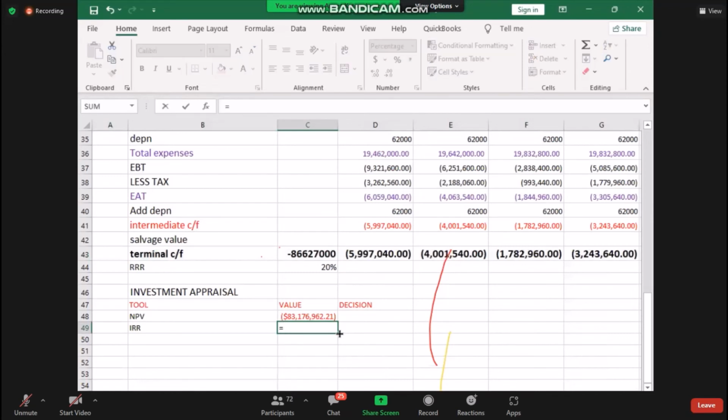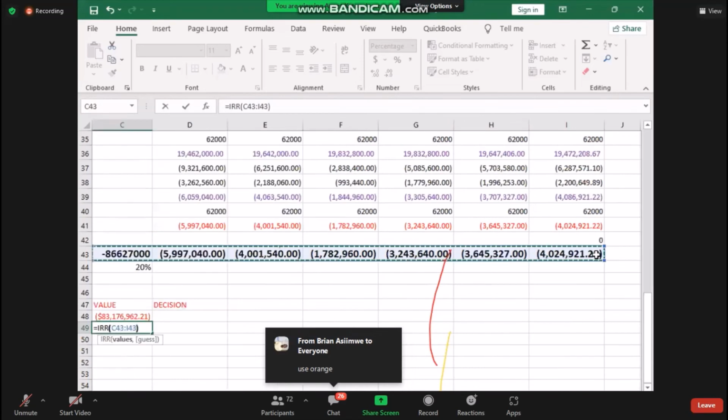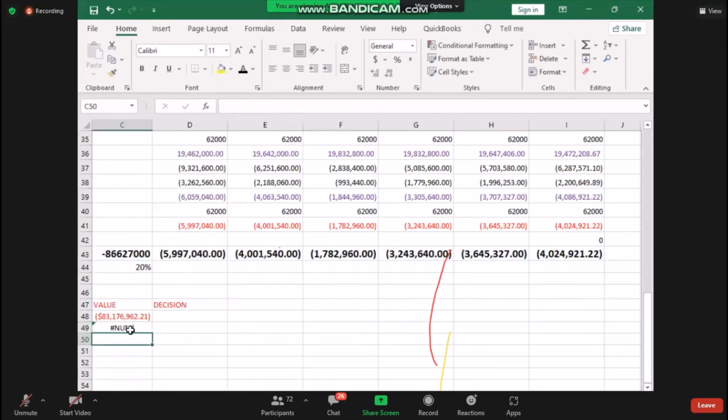Equal sign IRR, open brackets. These are my values. Yes, that is bringing hash. Let me try to check on this.